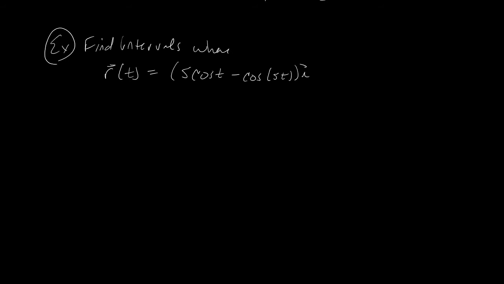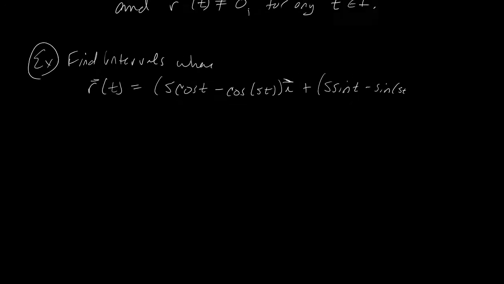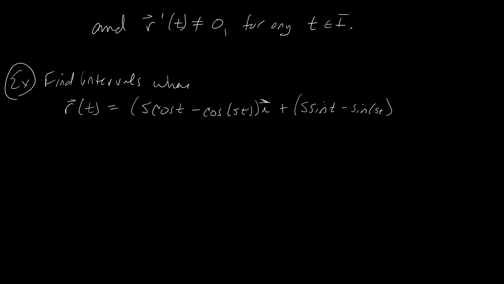So find the intervals where r of t equal to 5 cosine t minus cosine of 5t in the i direction plus 5 sine t minus sine of 5t in the j direction is smooth.